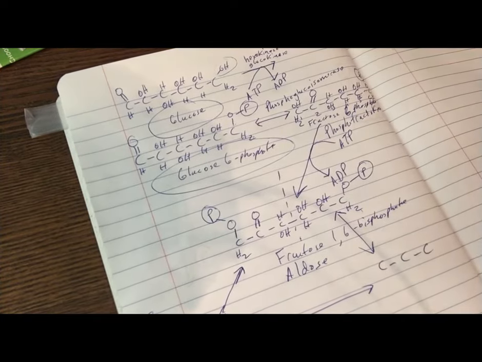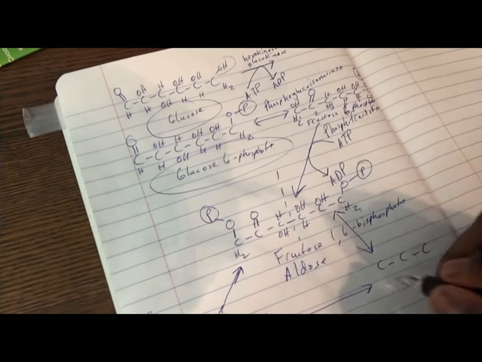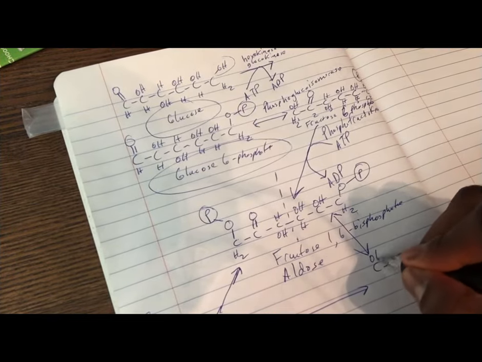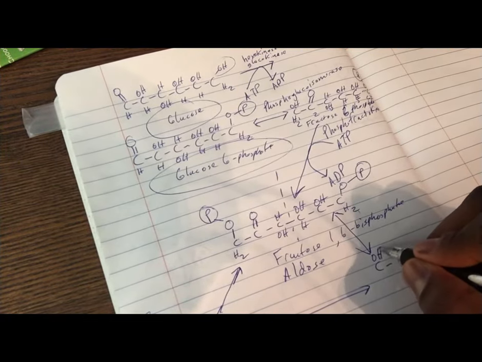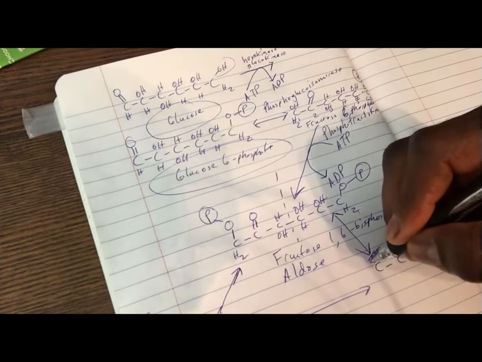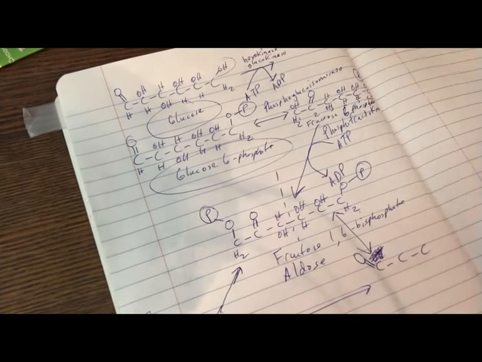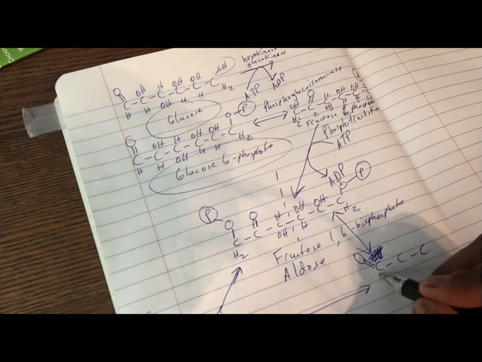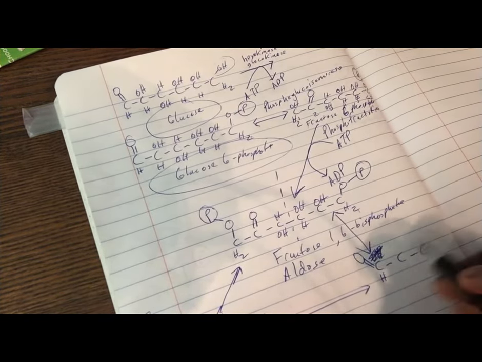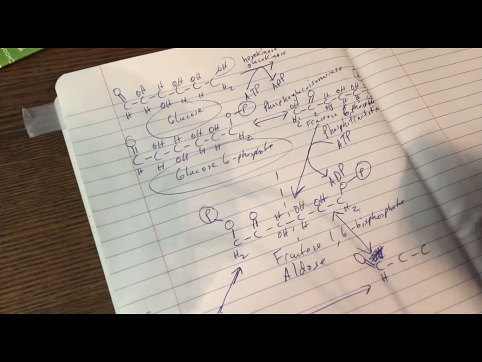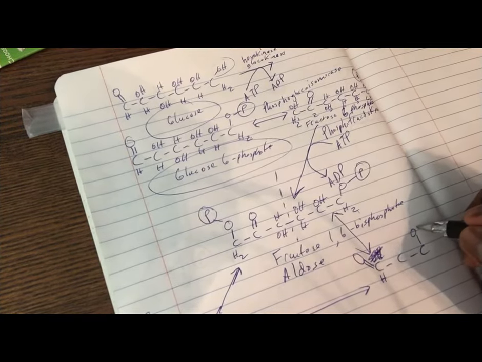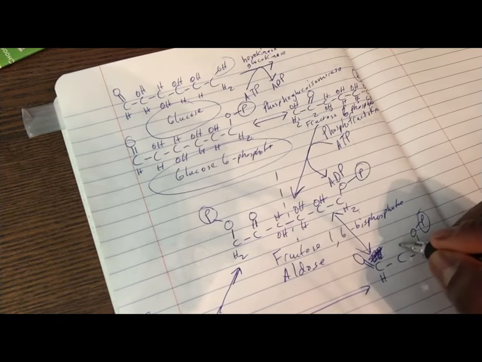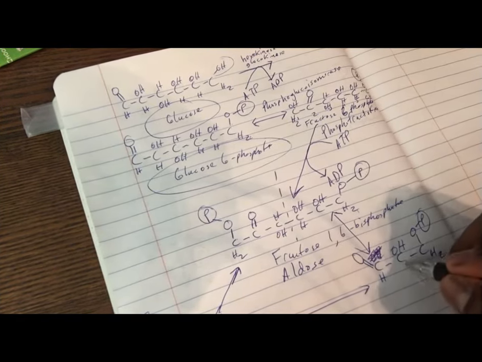Here we have now formed a carbonyl group, right? 1, 2, 3, and thus we have now formed an aldehyde. So this is glyceraldehyde. Everything else is exactly the same.